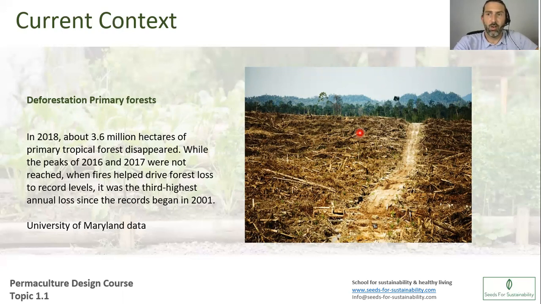But we have now reached a level where the capacity of those primary forests has decreased so much that even the reviving capacity is getting lost more and more. Just for you to have a figure, which is really sad to see, in 2018 about 3.6 million hectares of primary tropical forest disappeared. That's a lot of wood.